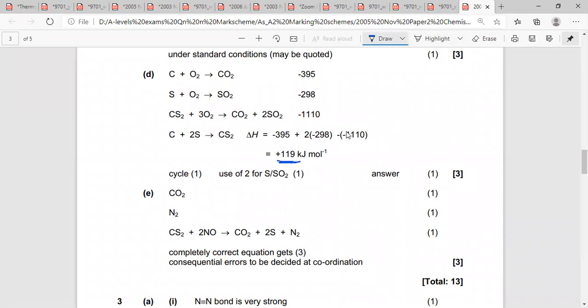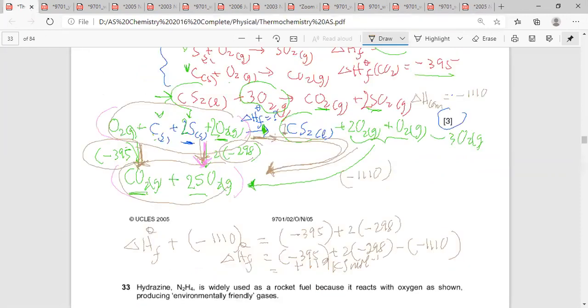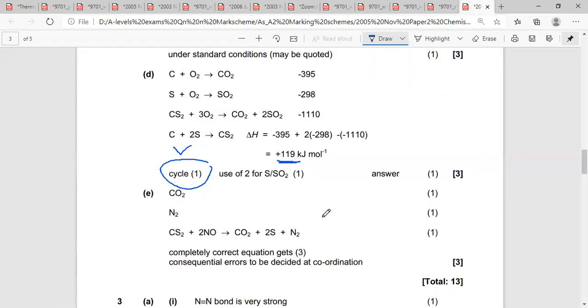Now cycle. 1 mark. Now look at the cycle. When you draw this whole thing, it's 1 mark. Cycle mark.